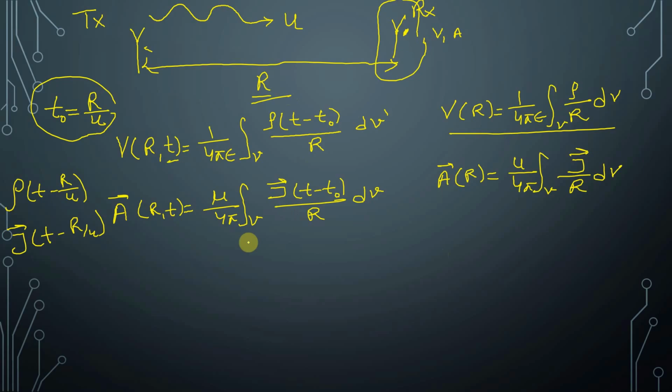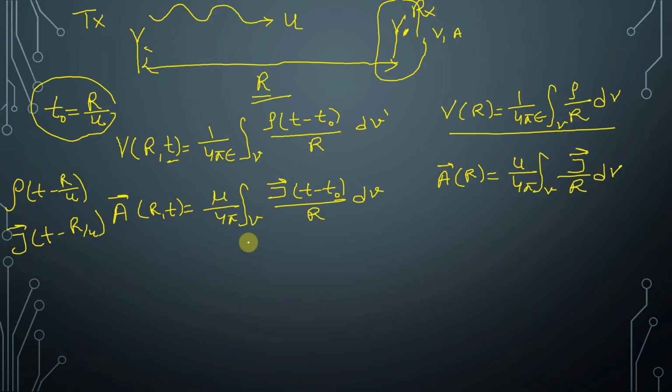We have considered that in terms of retarded potential, and when we use these antennas, we use this retarded potential. Okay, so for the time being we are closing now.